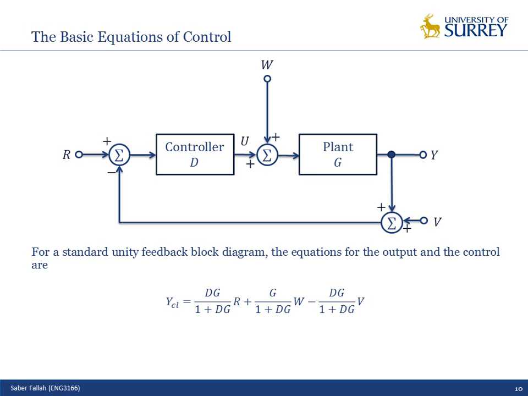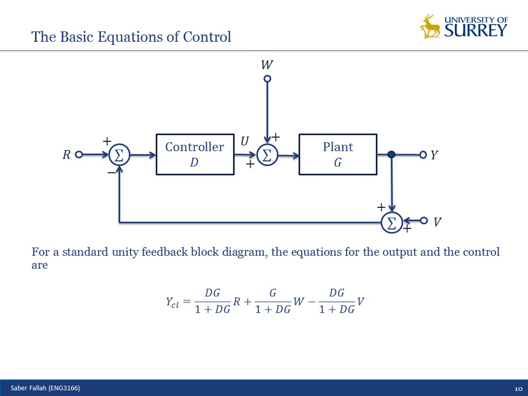And in the feedback, from V to Y, and from Y to V, you have a positive feedback. So minus DG over 1 plus DG multiplied to V. This is the overall closed loop response of the system because of the 3 inputs.